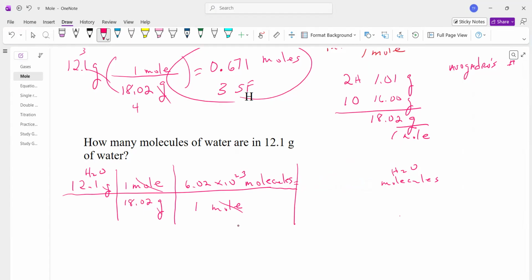And I'm going to be using railroad tracks more and more instead of parentheses. You can still use parentheses. It's just that I think it's cleaner with railroad. Okay. So this is just like Unit 1 stuff.